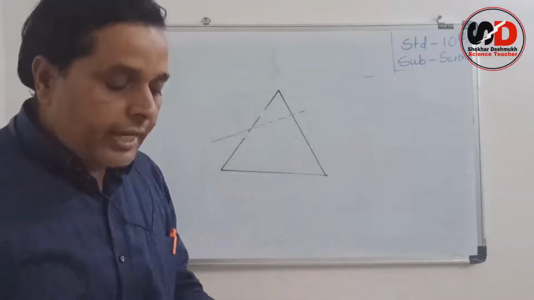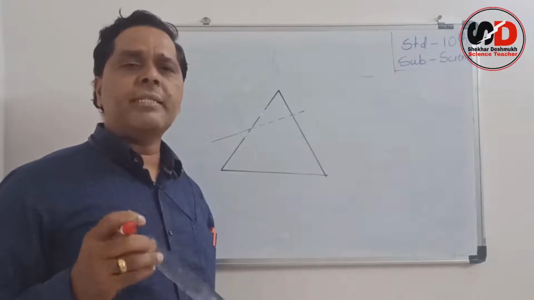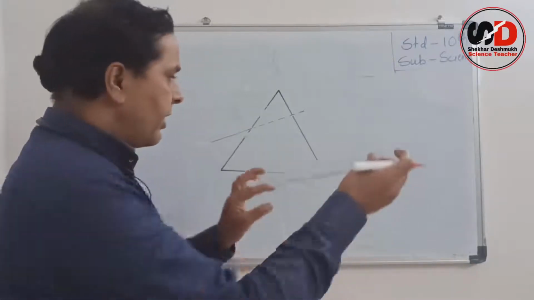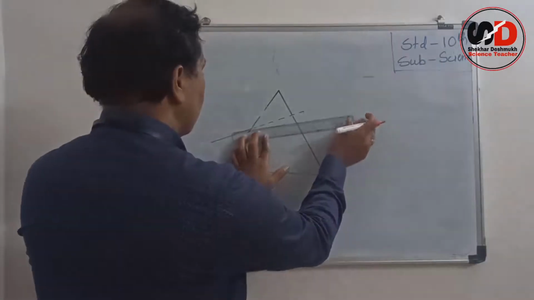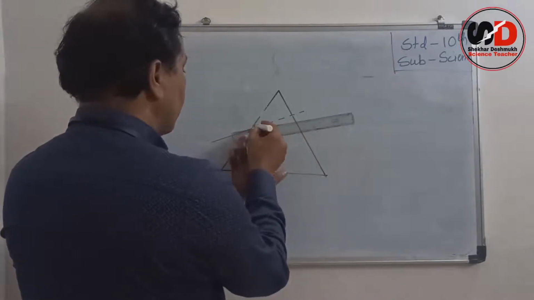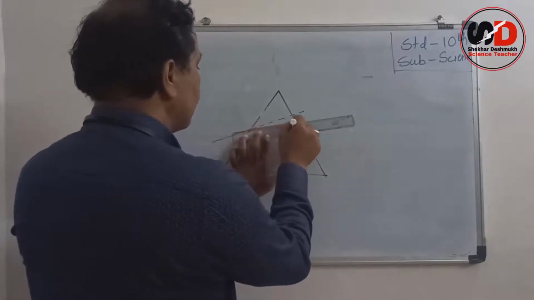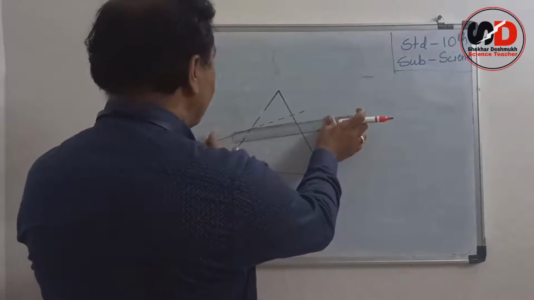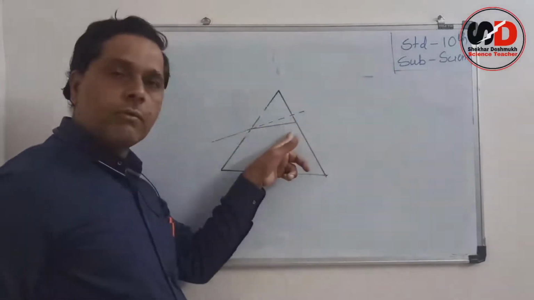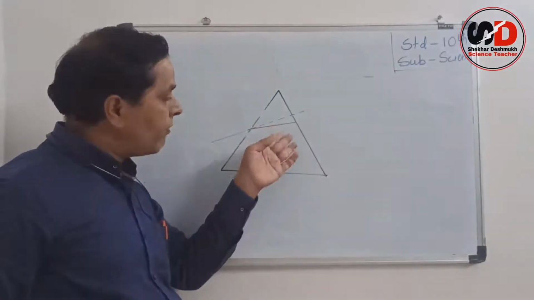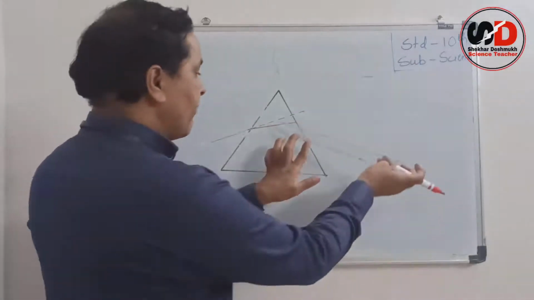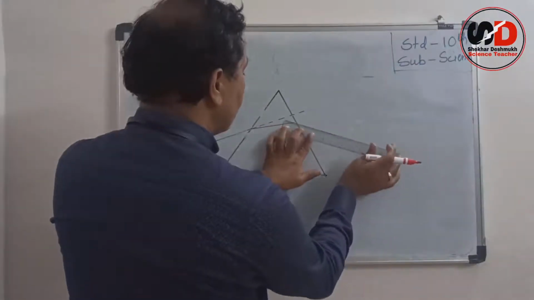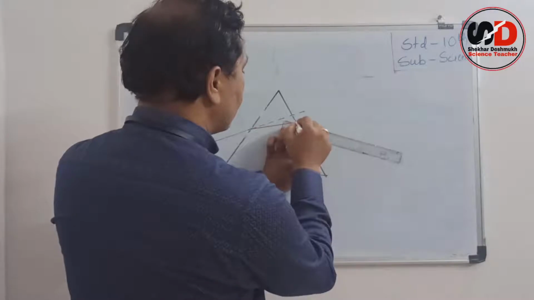And as the red light bends a little, therefore it travels in this direction. At this another point, what happened? As it is entering from glass to air again, therefore the bending is there again, so it bends again here.